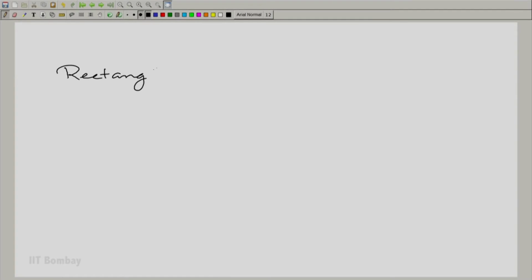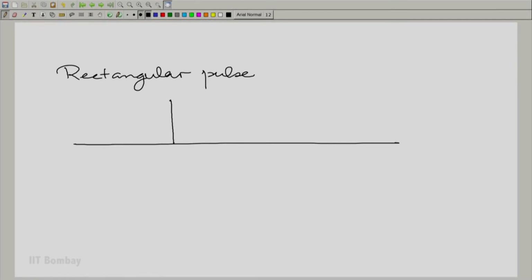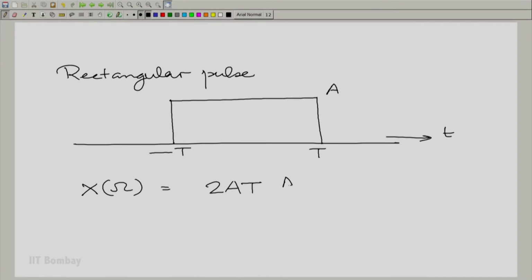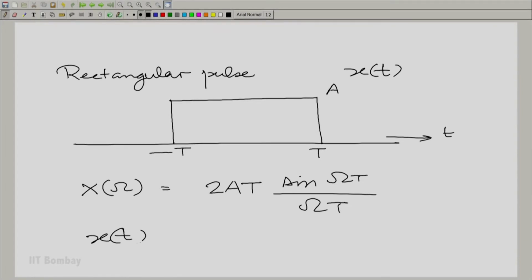So, in fact, let us take the very same rectangular pulse that we had. Recall, it was of height a from minus capital T to plus capital T, and we had worked out its Fourier transform. Capital X of omega was 2aT sin(omega T) by omega T. So, here you have this rectangular pulse which I will call x of t, and this rectangular pulse had the Fourier transform capital X of omega given as above.